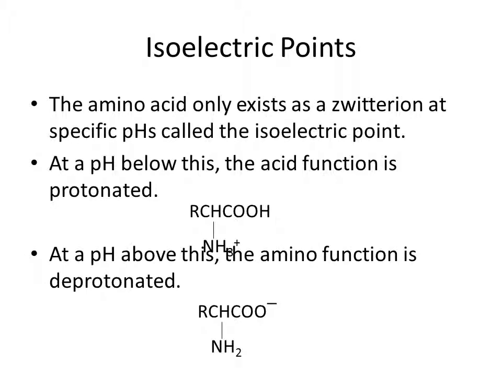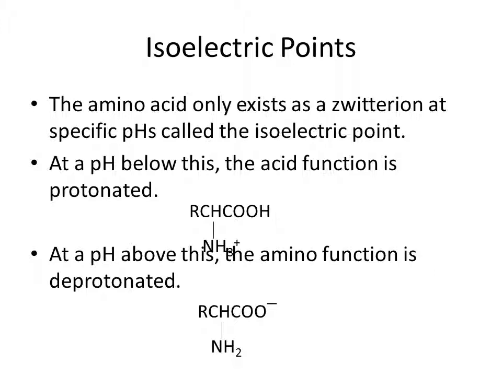The amino acid will exist as a Zwitterion only at specific pHs, and we call those specific pHs the isoelectric point. So for a particular amino acid, you'll have a pH at which it is a Zwitterion. If the pH is below this, then it's in acidic conditions, and acid will protonate the carboxylic acid, and it will be positively charged.